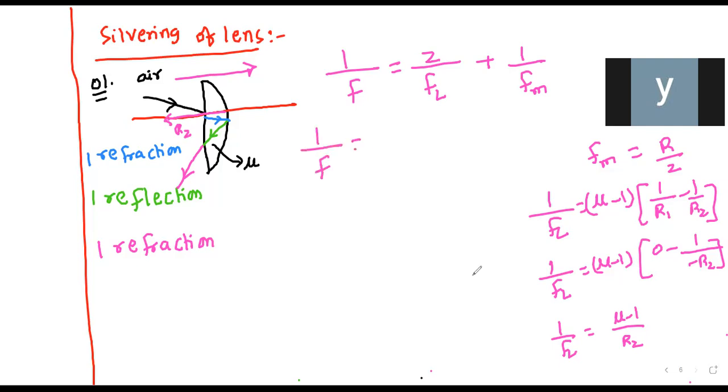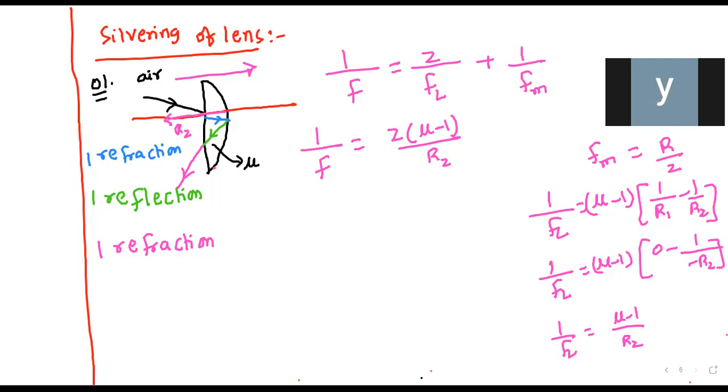1 by F, 1 by FL means (mu minus 1) by R. I can write it as 2 into (mu minus 1) by R. Now, this FM, that is reflection. Where did we get reflection? At the convex spherical surface we got reflection, right?